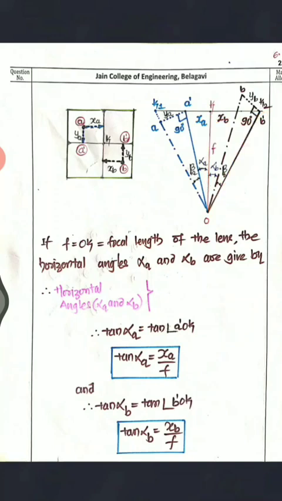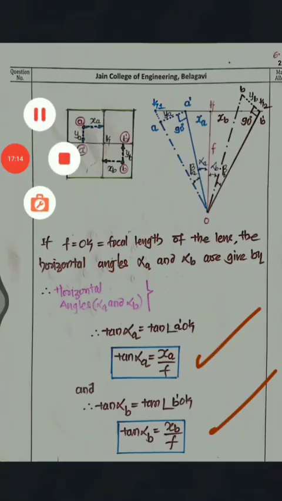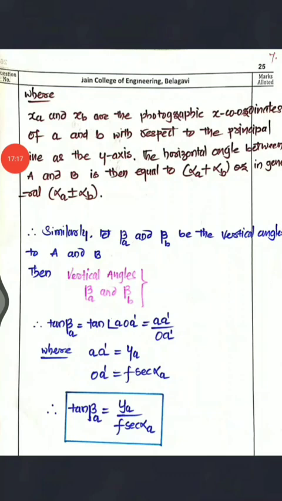Then tan alpha B is equal to XB divided by F. So these two are very important formulas for the horizontal angles: tan alpha A is equal to XA divided by F, and tan alpha B is equal to XB divided by F, where XA and XB are the photographic x coordinates of a and b with respect to the principal line as the y-axis.